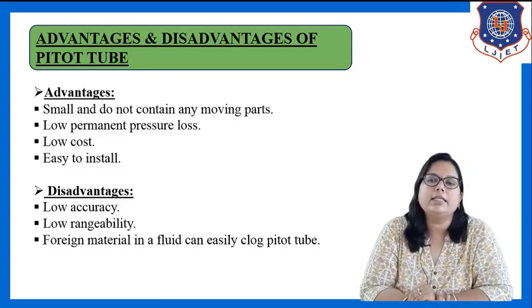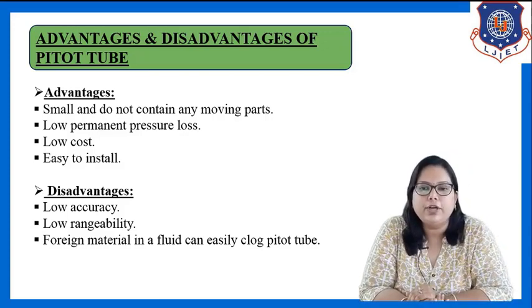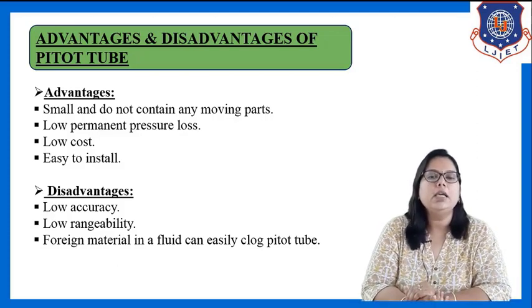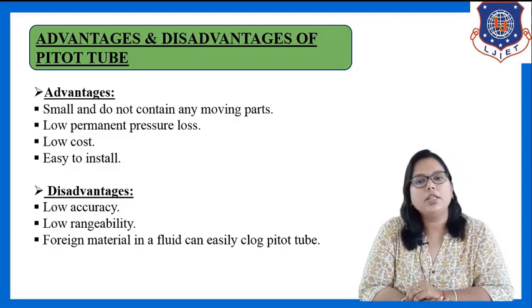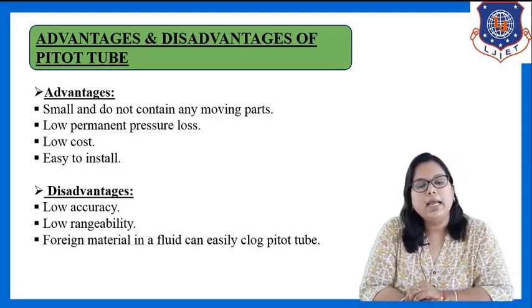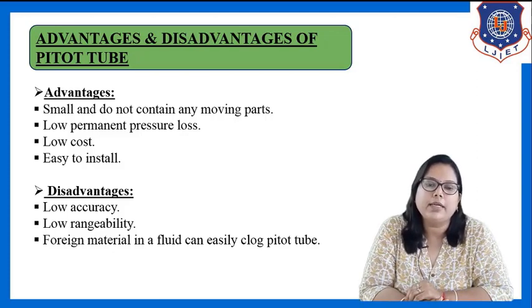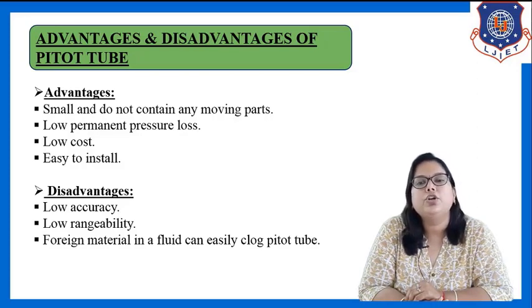Another disadvantage is that foreign material in a fluid can easily clog the Pitot tube. A fluid which contains solid or foreign material damages the Pitot tube, or plugs or clogs it. So, in applications where the fluid contains foreign or solid material, we cannot use the Pitot tube.